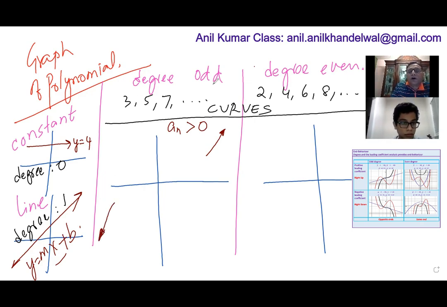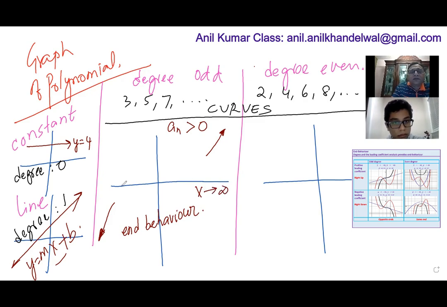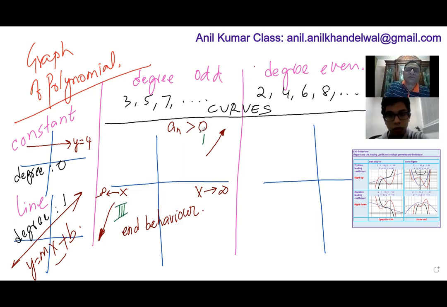So for odd degree, this is called end behavior. End behavior really means what happens when x approaches positive infinity and what happens when x approaches negative infinity. You get the idea, the two ends. So we say that an odd degree polynomial with a positive leading coefficient goes from quadrant 3 to quadrant 1. Anything could happen in the middle, but it goes like this.